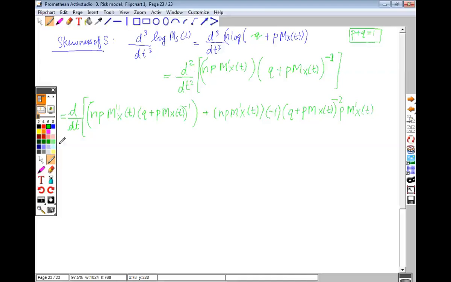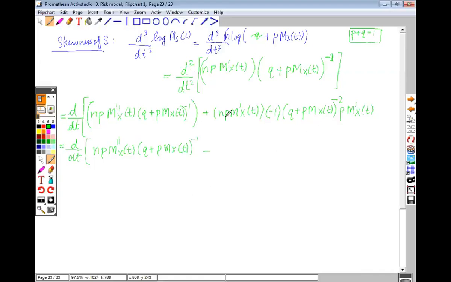So let us just try to rewrite this once again nicely. What all do we have? We have n p m double prime x t times q plus p m x t inverse. This minus will come outside, so I'm writing a minus here.